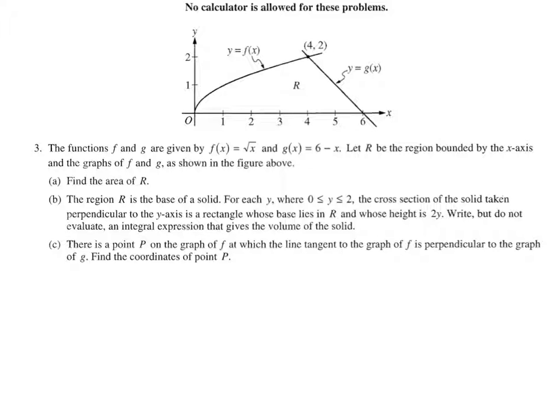So really what you're trying to do is identify the value of x so that the derivative of f of x will be equal to +1, because a +1 slope would be perpendicular to g of x. So you just set the derivative of f equal to +1 and solve that for x.